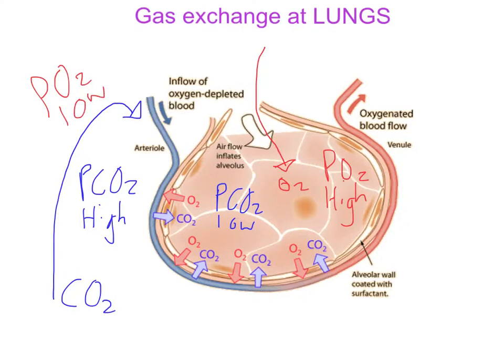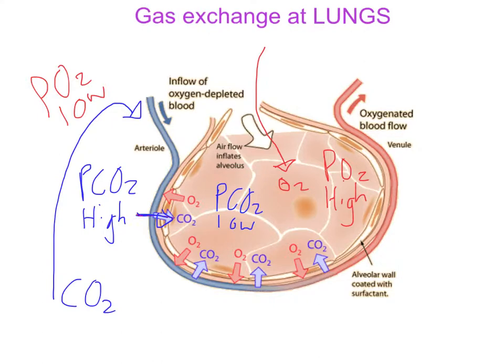Linking back to what we just talked about with partial pressures and diffusion, remember that we always go from a high pressure to a low pressure. So the pressure of carbon dioxide is higher in the blood, in the capillaries, than it is in the alveoli. That's how we get the carbon dioxide diffusing from the capillaries into the alveoli.